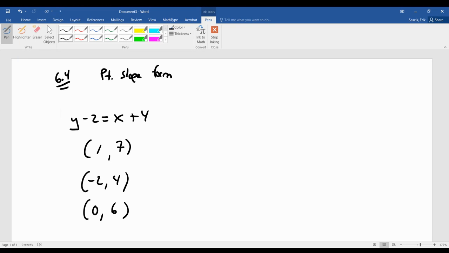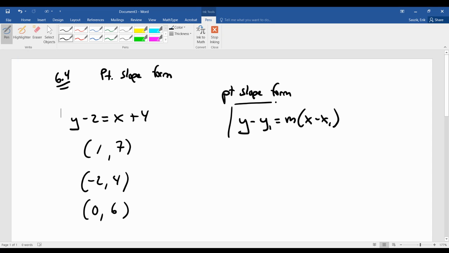Now, what we're going to do is we're going to work with point slope form. Point slope form looks like this: y minus y sub 1 equals m times x minus x sub 1. Now, I know this might not make much sense right now, but give me a moment.